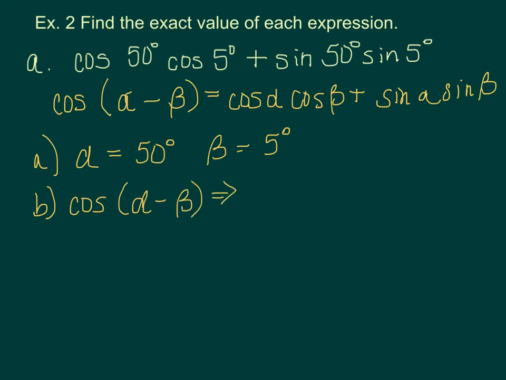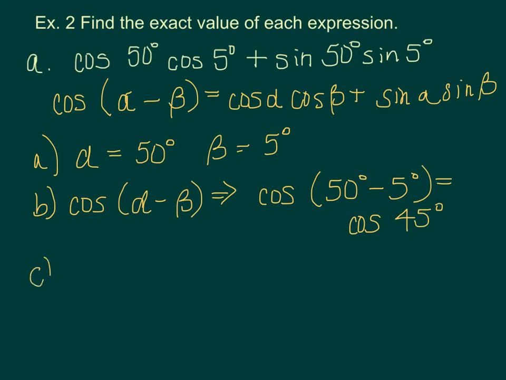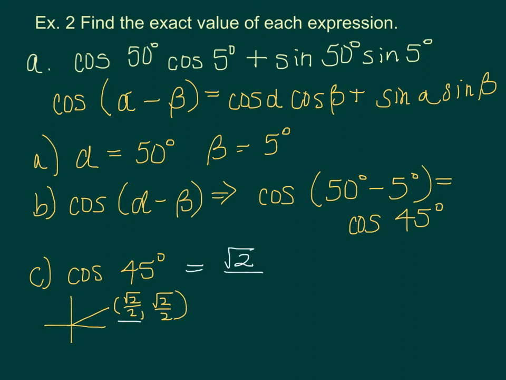So if I just plug everything in, it'll be 50 minus 5, which is equal to cosine of 45 degrees. Part C, find the exact value of this expression. Well, if you remember, 45 degrees, that ordered pair is square root of 2 over 2, comma, square root of 2 over 2. Cosine is the x-coordinate, so that's your answer.